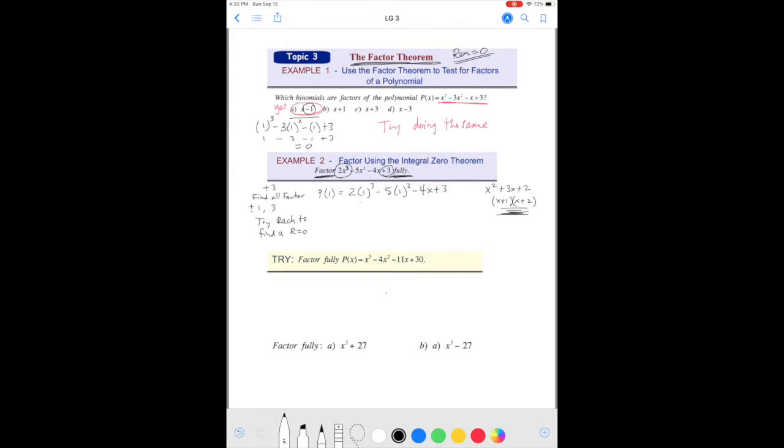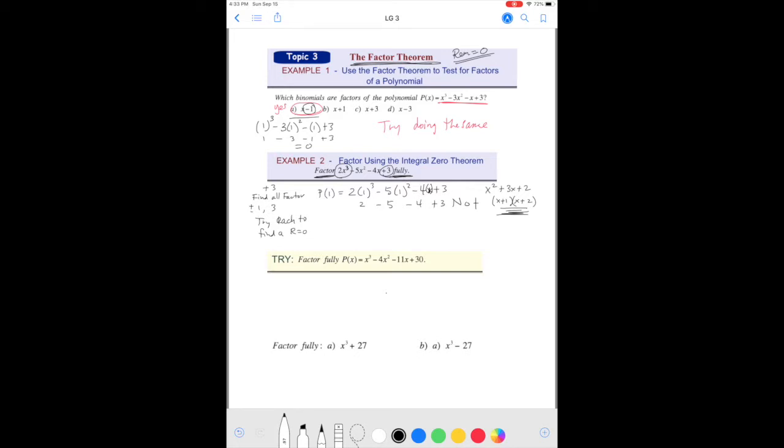So what do we get here? That's 2, that's 1, that's minus 5, and oops, I forgot to put the 1 there. And that's minus 4 plus 3, and that does not get us a 0.